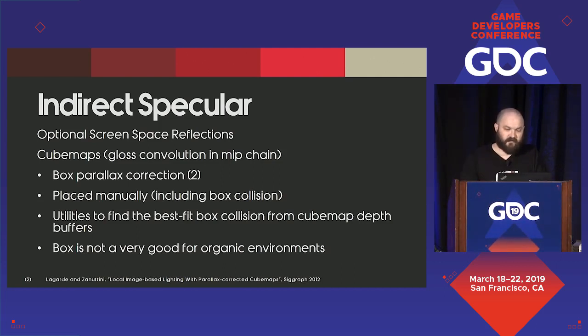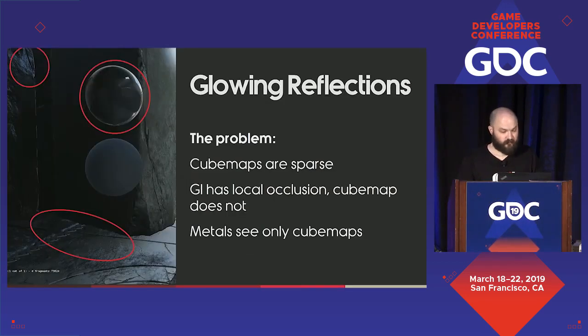When it comes to indirect specular, we have optional screen space reflections, as well as loosely placed cube maps using box parallax correction, which isn't a great fit for the organic environments in the game, but it works okay. It's something that I think we should look into going forward. But there are some downsides.